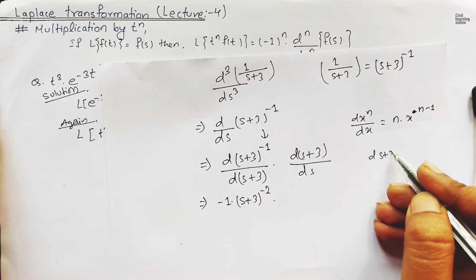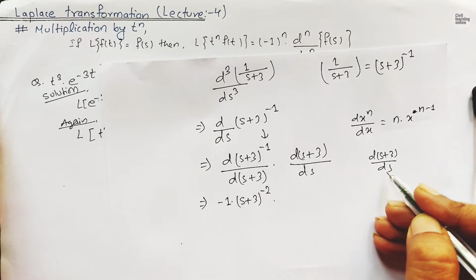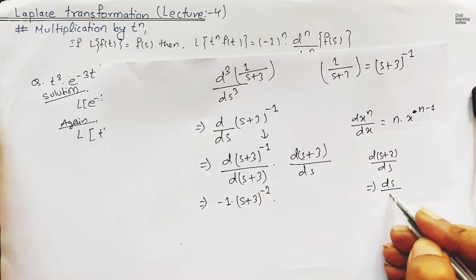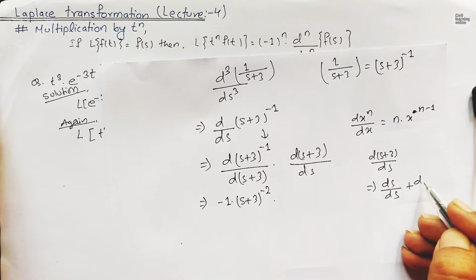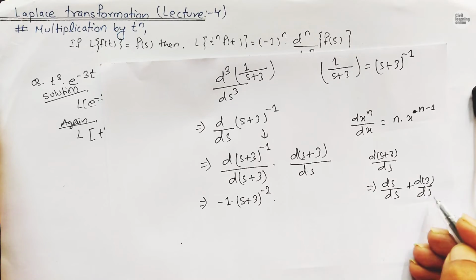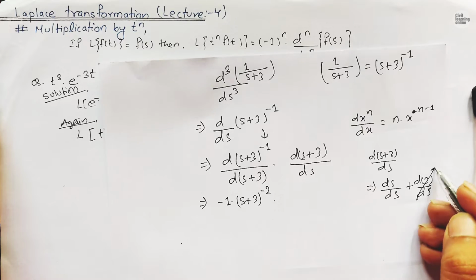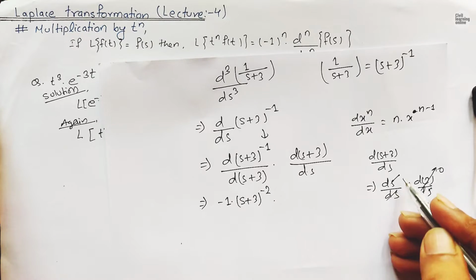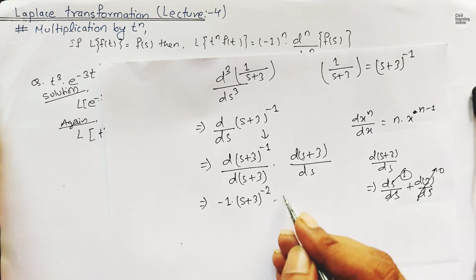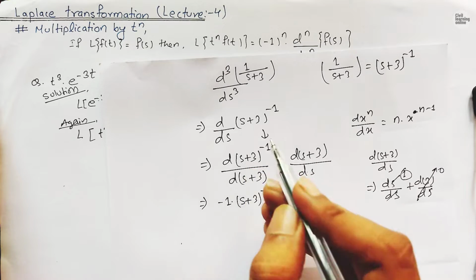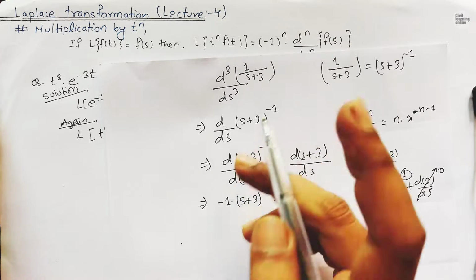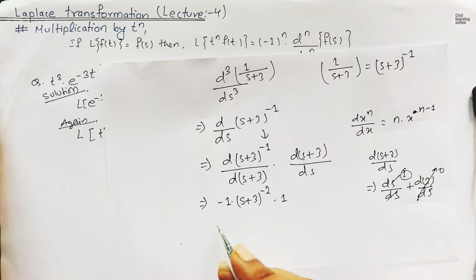The derivative of s plus 3 upon ds is ds upon ds plus d3 upon ds, and the derivative of a constant is 0, and the derivative of s upon ds will be 1. So on doing the derivative of (s plus 3) to the power minus 1 for the first time, we get minus (s plus 3) to the power minus 2.